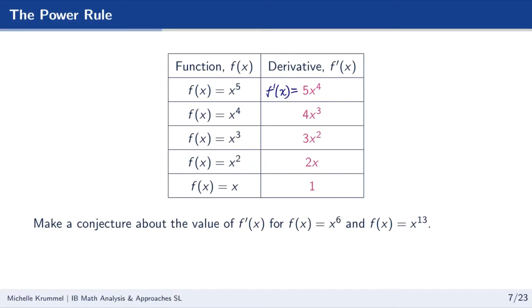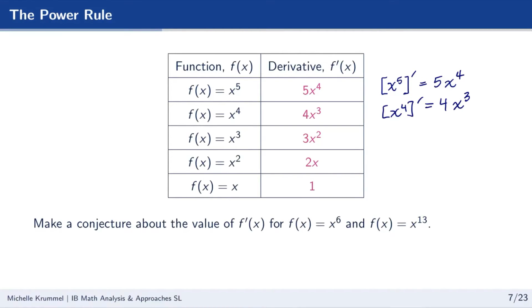But if I want to be very specific, especially since all of these functions are named f of x, so it could get a little confusing if I just start referring to something as f prime of x, I could also put x to the 5th in brackets and then use a prime symbol outside of the brackets. That indicates the derivative of whatever's in the brackets. So the derivative of x to the power 5 equals 5x to the power 4, and the derivative of x to the power 4 equals 4x to the power 3, and so on.